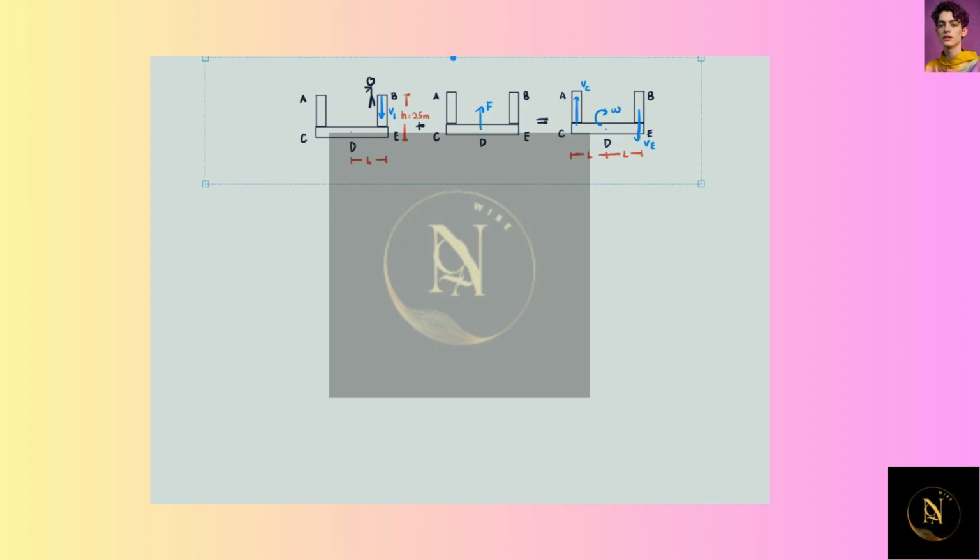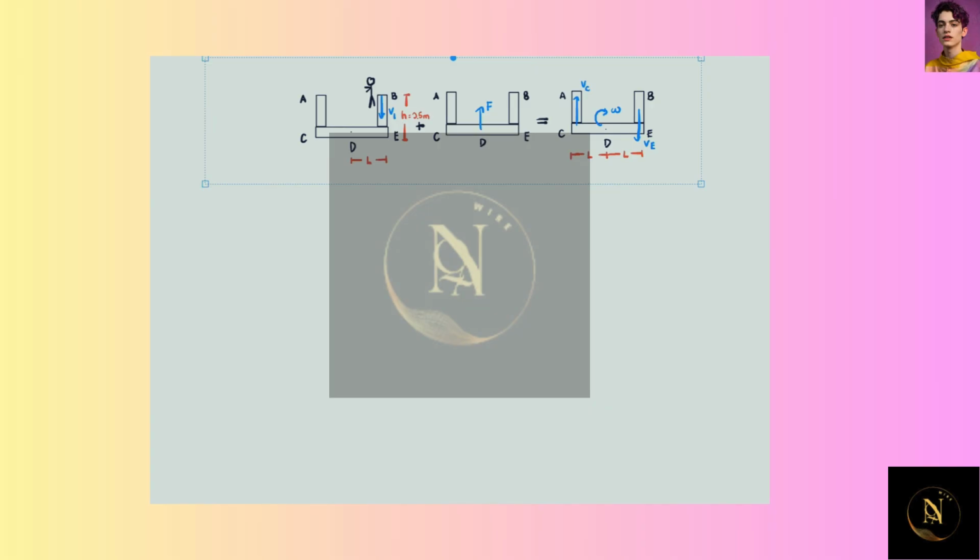This causes the plank to rotate with angular velocity omega, as you can see in the last part of the sketch, and point E to move with the velocity ve downward, and point C to move with the velocity vc upward. So this will send gymnast A off into the air.